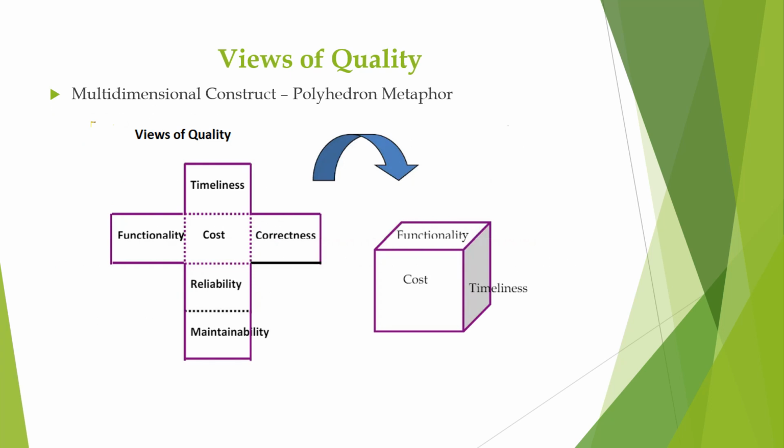Here we are having different views of quality. We can view the software quality as a multidimensional construct, the polyhedron metaphor. Consider a cube. On each side of the cube we will have different parameters. First one, timeliness: within the given time period the software should have been developed completely.